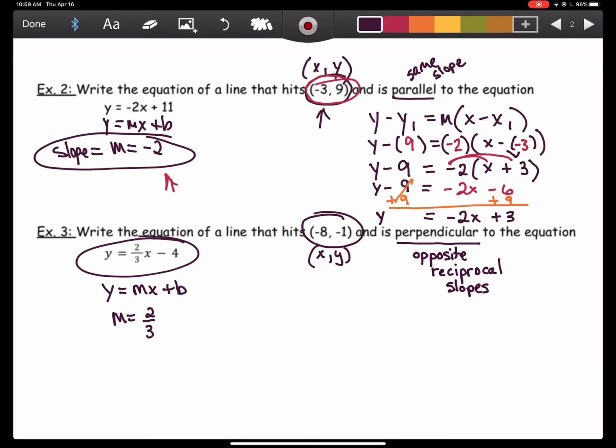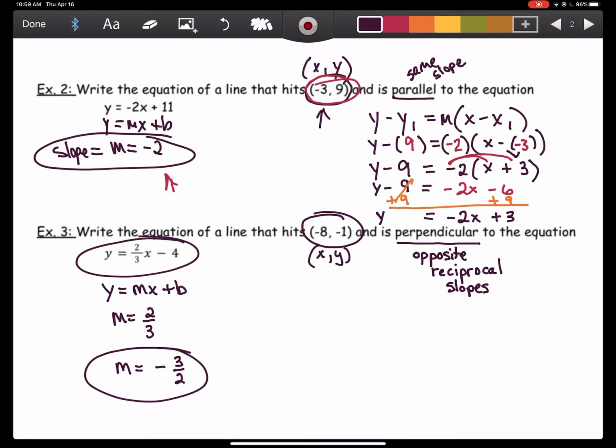But the perpendicular line to this would be the opposite. So that means negative. And then reciprocal, which means flip. So remember, reciprocal, refliprocal. So this is the slope that we're going to need to substitute. Okay? And this is the point that we're going to need to substitute.